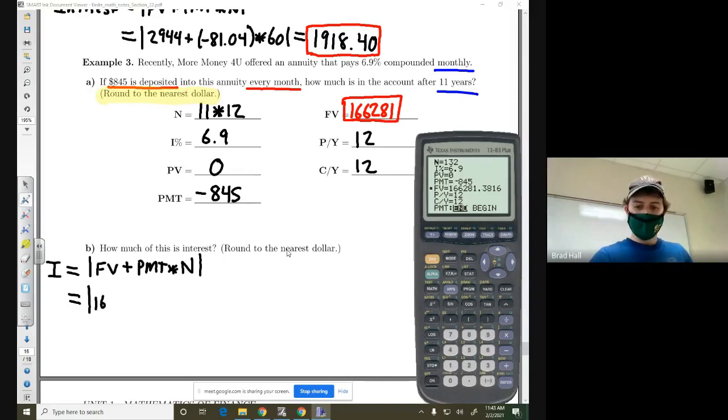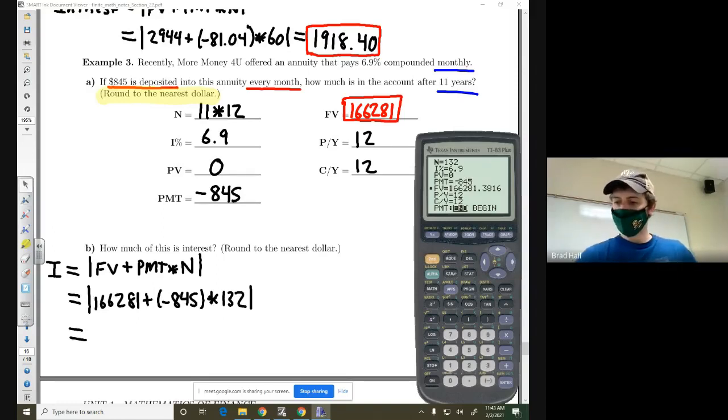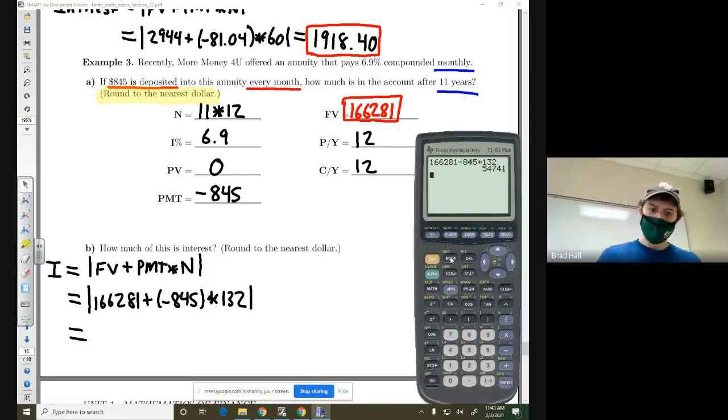Now we can go ahead and start plugging in values. FV is 166,281. PMT is negative 845. And N is 11 times 12, which is 132. So what does this come out to be? Let's find out. 166,281 minus 845 times 132.